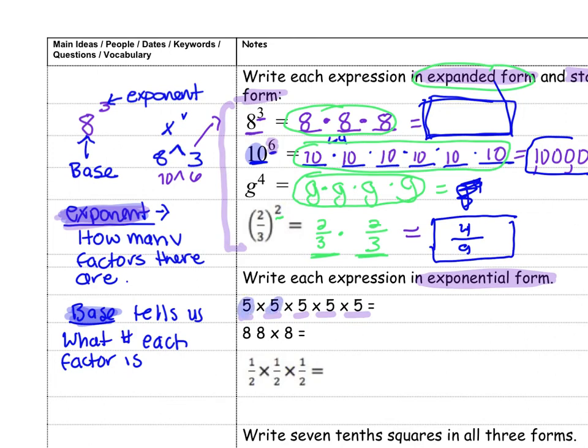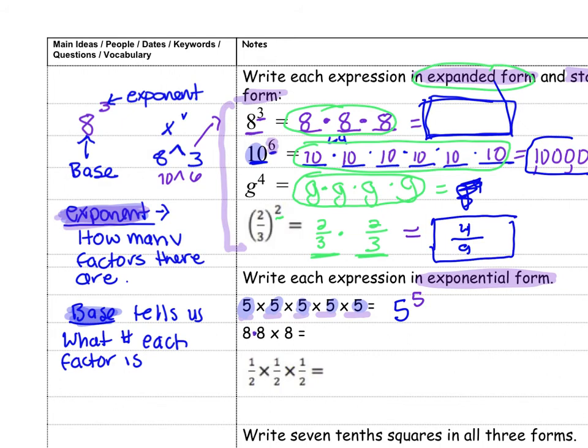So there's 1, 2, 3, 4, 5 5s, but my base is going to be that 5. And my exponent is going to be how many there are. So it's 5 to the 1, 2, 3, 4, 5. In this case, they're both 5s, but know where each number comes from. All right, there's supposed to be a dot or an X in between there.